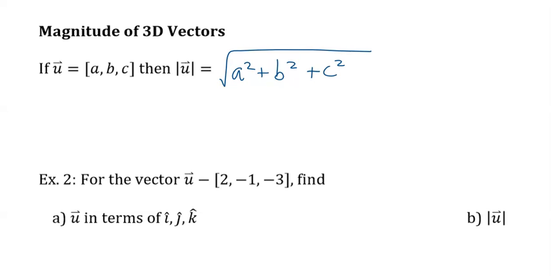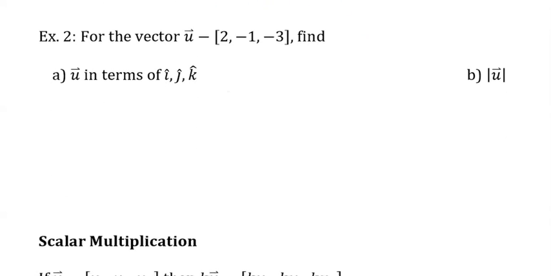Okay, so a couple of examples. Given some vector u, write it out in terms of the unit vectors i hat, j hat, k hat, and find its magnitude.